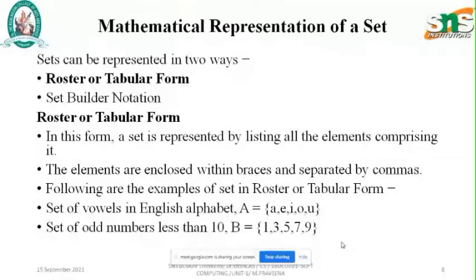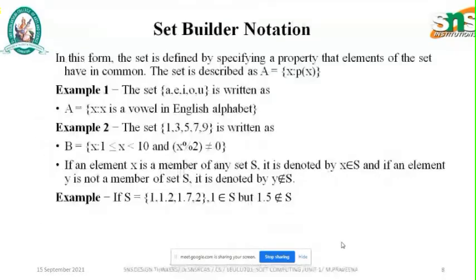So likewise, we are representing sets. A set is a collection of elements, and we can represent any number of elements in the set. Next, we are going to see set builder notation.